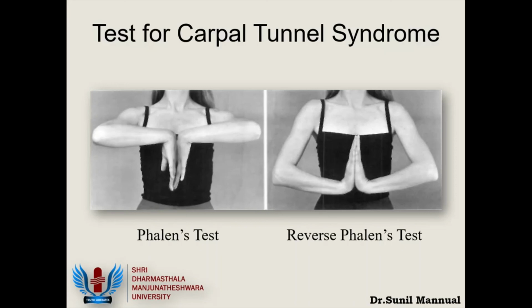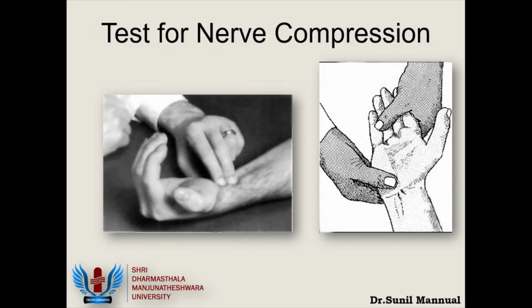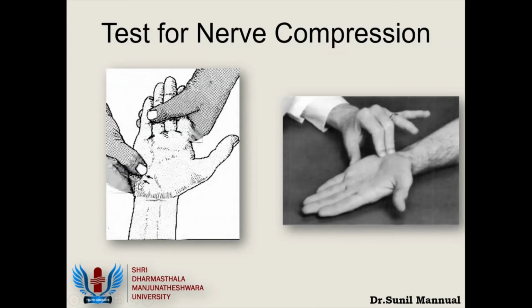Coming to the test for nerve compression. Here the examiner is trying to compress the carpal tunnel, compress the median nerve within the carpal tunnel. A prolonged compression of the median nerve within the carpal tunnel will cause paresthesia in the hand. So here the patient is doing the median nerve compression test, and here the examiner is doing the ulnar nerve compression test.